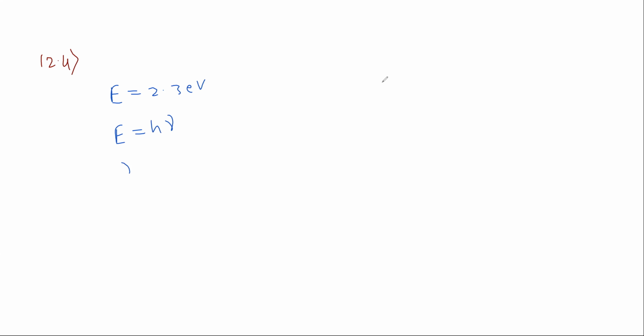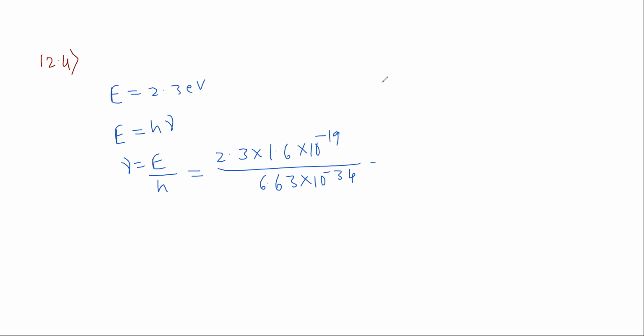So nu is equal to E by h. The E value is 2.3 into electron volt, that is multiplied by 1.6 into 10 to the power of minus 19, divided by Planck's constant h, which is 6.63 into 10 to the power of minus 34. If we simplify this, we get 5.6 into 10 to the power of 14 hertz.